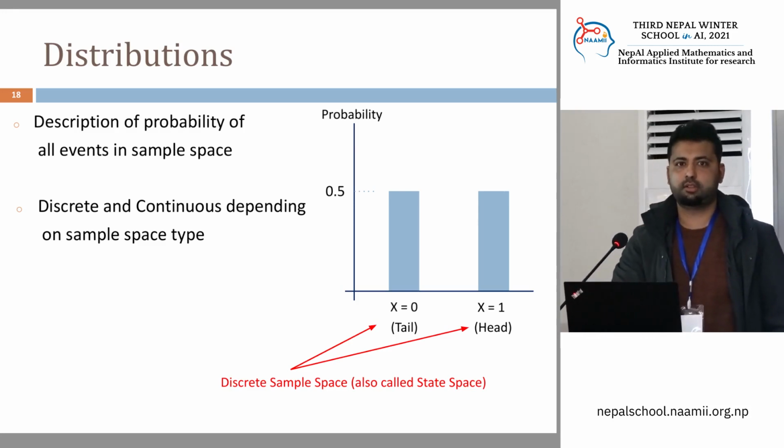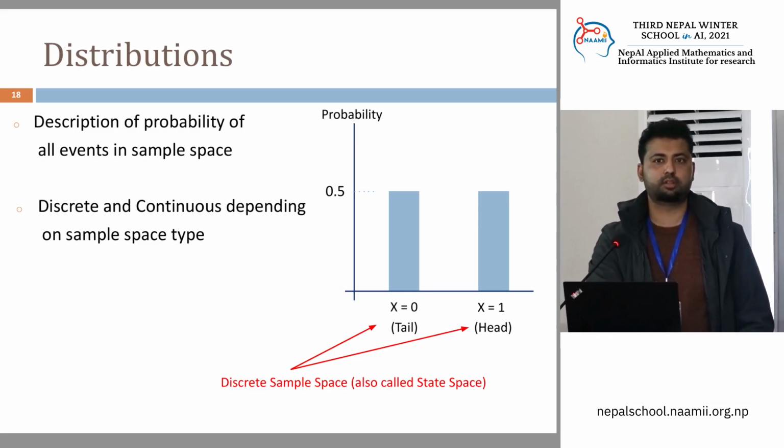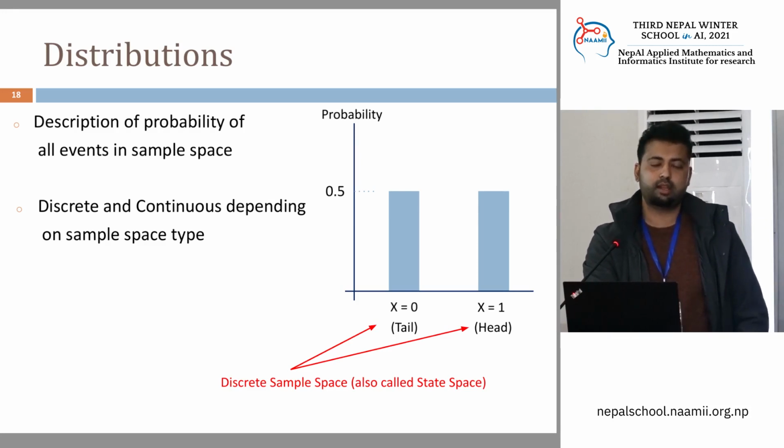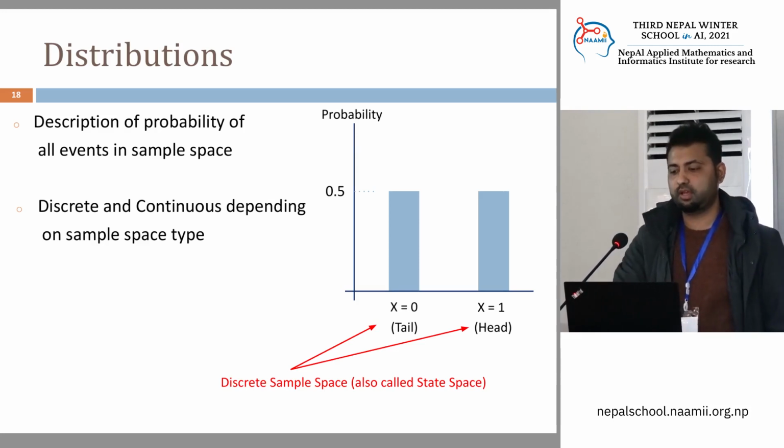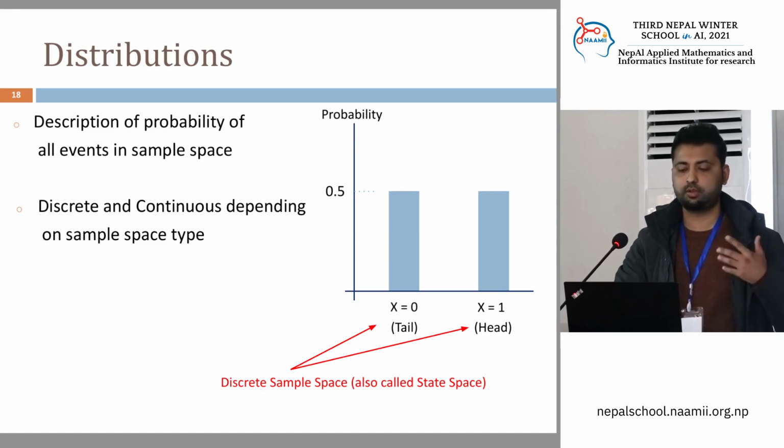You cannot describe everything in words like this, and it's also difficult to work with this type of definition, and therefore you need some sort of mathematical framework, and that is given by the distribution. A distribution is a way to define what the probabilities of different events are.